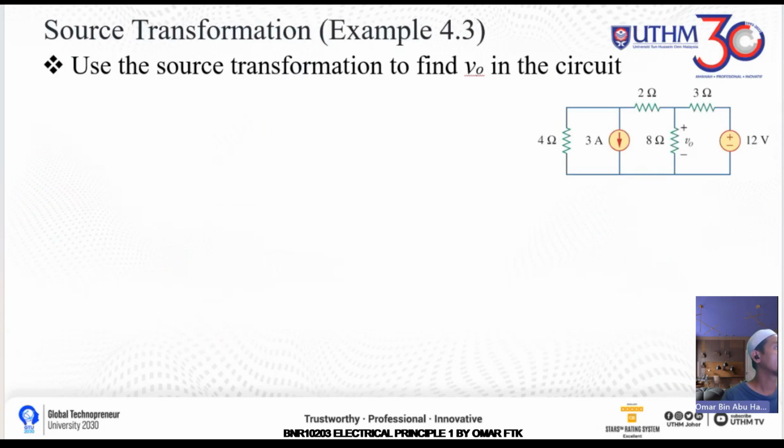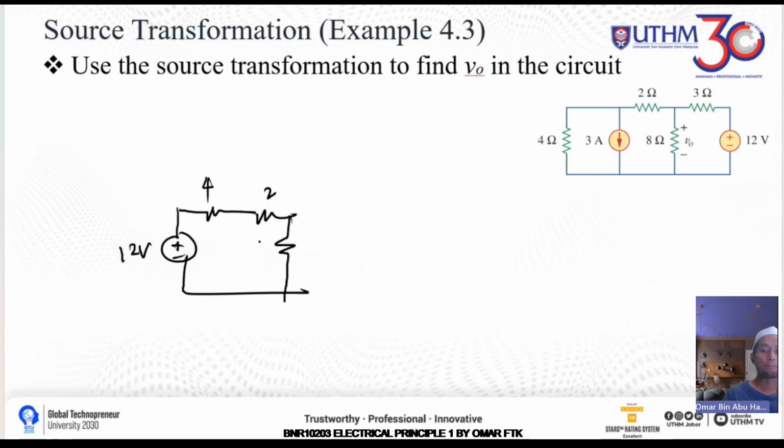So if I draw again, you will have 4, you have 2, this side 12 volt, and then you will have 8 ohm here, and then after that 3 ohm.